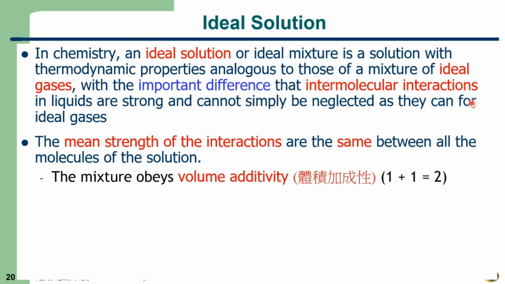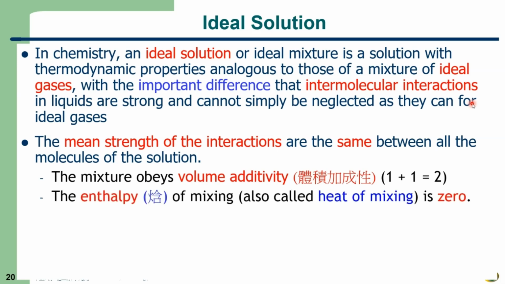So the mixture obeys value additivity. You can add the values, for example, 1 plus 1 equals 2. And the entropy means the heat of mixing, so there's no energy exchange, so it is 0.